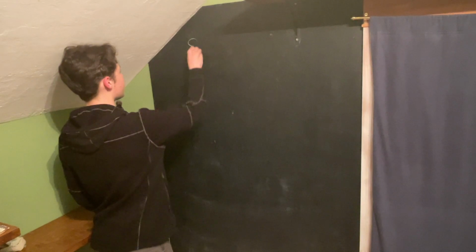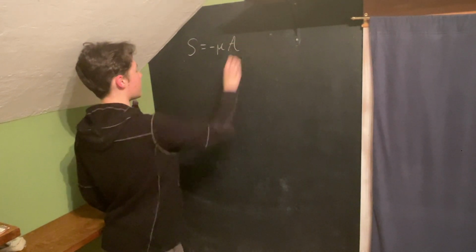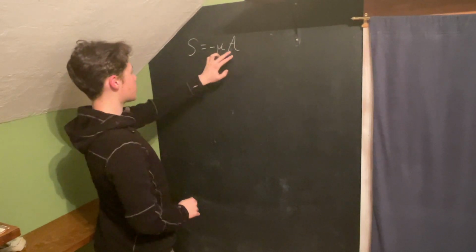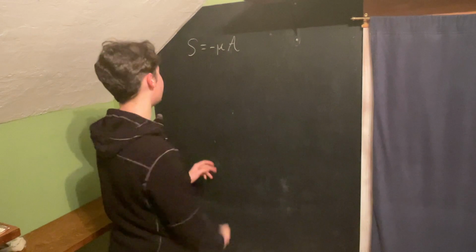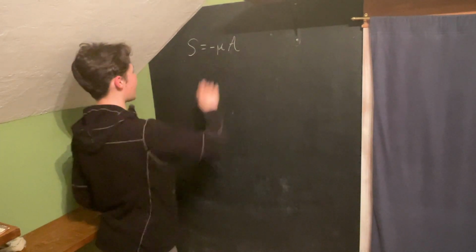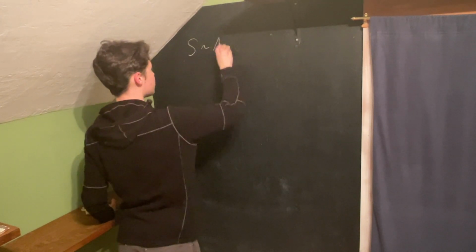First thing we can note is our Lagrangian, where the action is proportional to the surface area of all the strings, where this constant is just negative the mass density. For all intents and purposes, we can just say that action is proportional to total surface area.